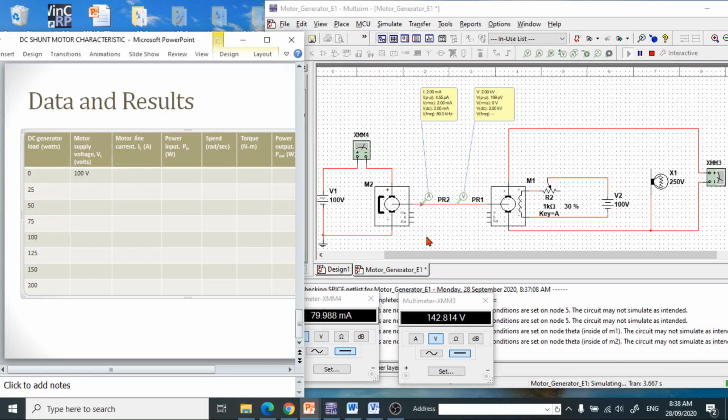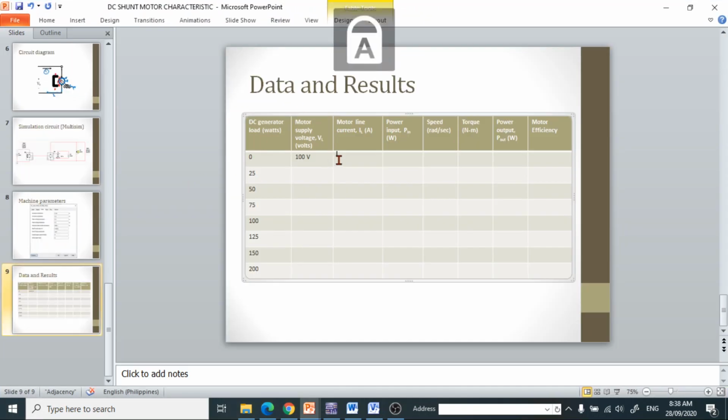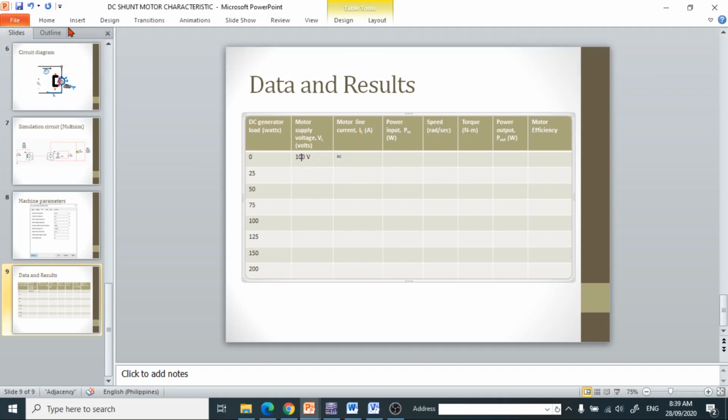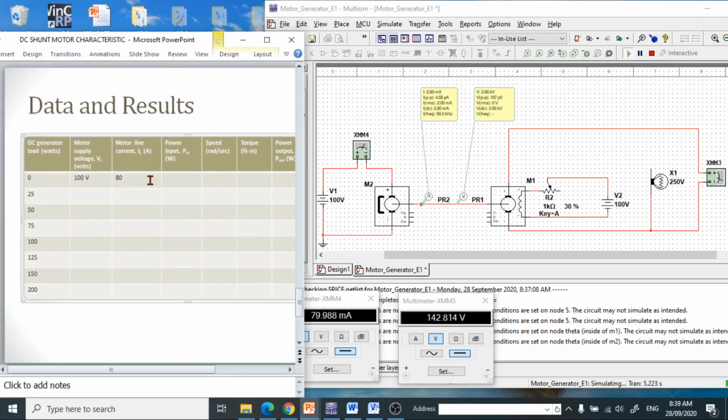Motor line current is 80 milli, that's 80 times 10 to the power of negative 3.